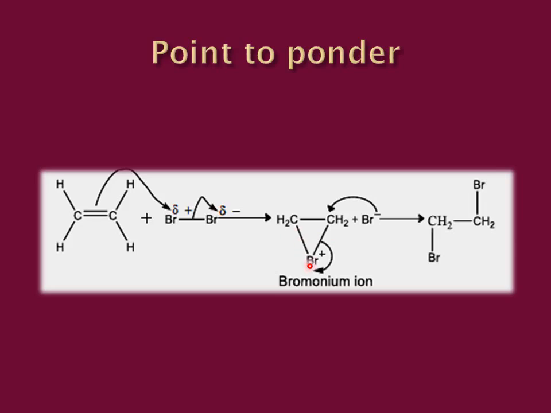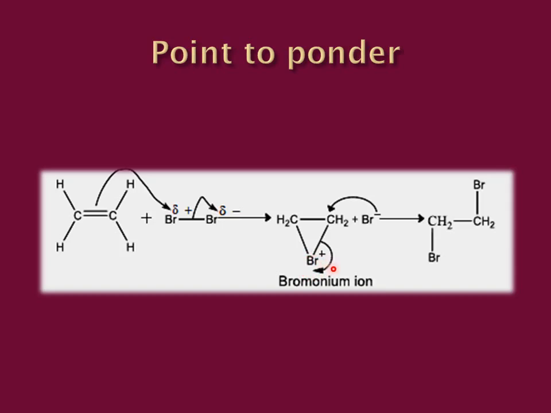So bromine over here is using one of its lone pairs to make an excess bond, as it is using its own electron density. That is why it is carrying a positive charge. Remember, whenever an electronegative atom uses its lone pair to make an excess bond, it carries a positive charge.